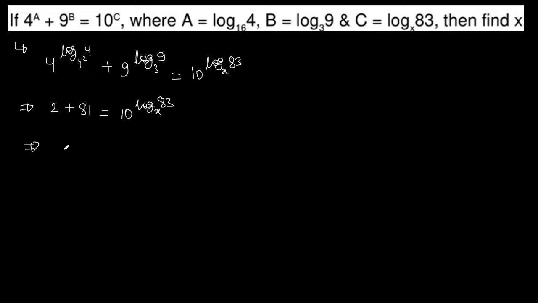It is log 83 base 10. When this power will come in the base, it will become log 83 base x. So on comparison we can say that x is equal to 10, and x is satisfying as a base 10.